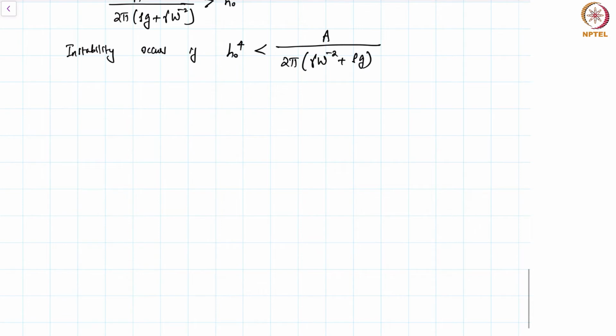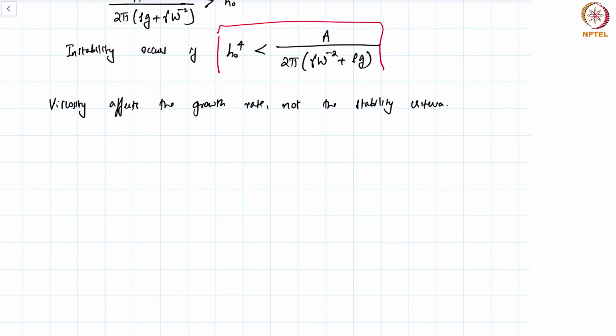Okay. And if we take viscosity into account, it affects the growth rate, not the stability criterion. Okay. Let's examine this case.